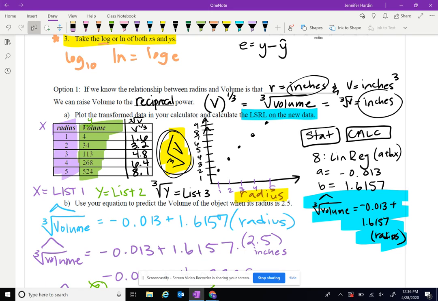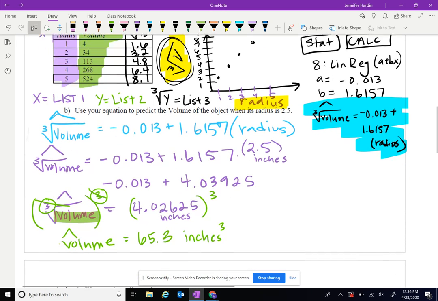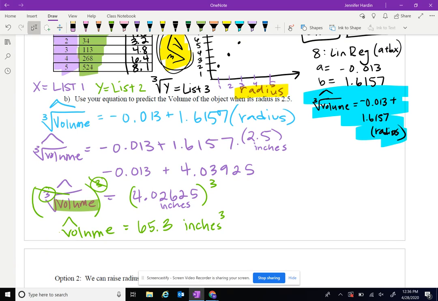Okay. And then we were able to run our least squares regression equation model, and then we can use that linear model to make predictions, but then we just have to go back and solve it correctly to find volume. Because when we use that linear model, we solved for the cube root of volume, and so then we had to fix it to make it be volume. We cubed both sides back.